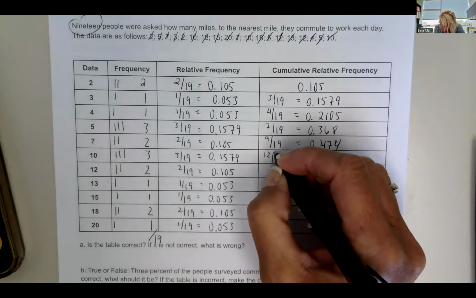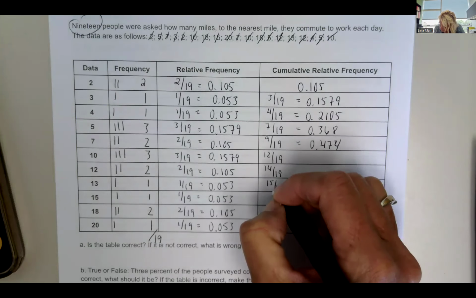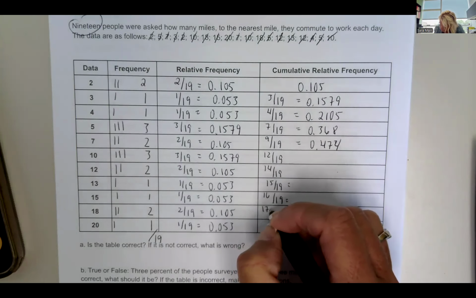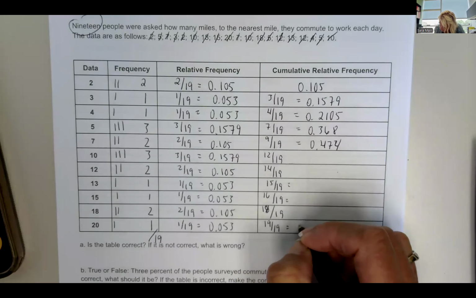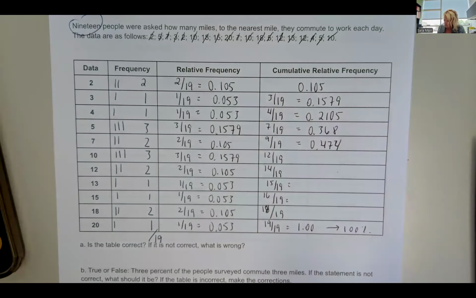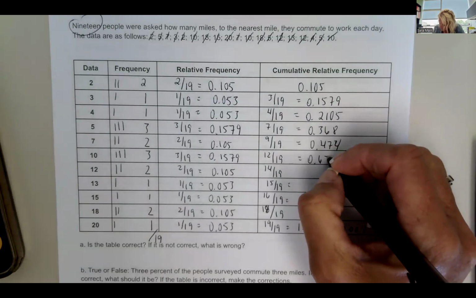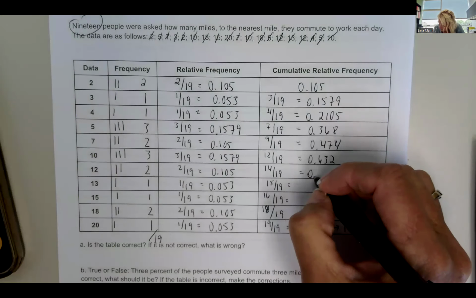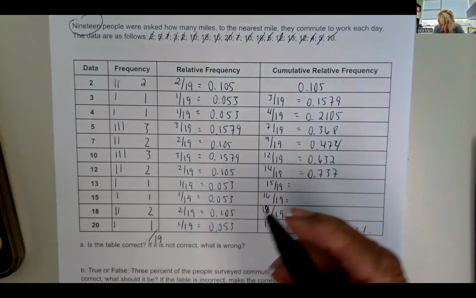And then we've got 3 more: 12 out of 19, 14 out of 19, 15 out of 19, 16 out of 19, plus 2, so 18 out of 19, and 19 out of 19. That one's going to be 1, or 100%. So let's just fill these in. 0.737 if you round it. Make sure you're rounding appropriately.